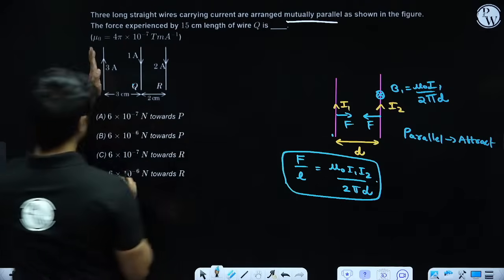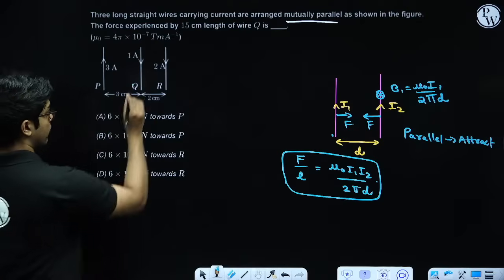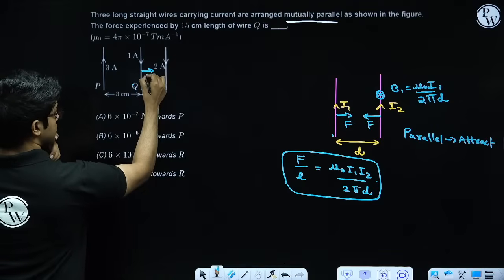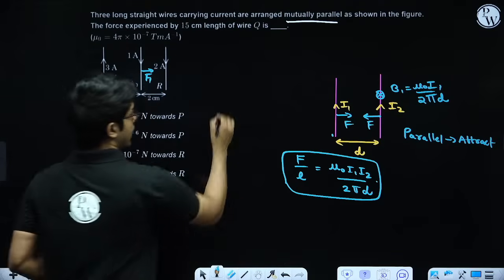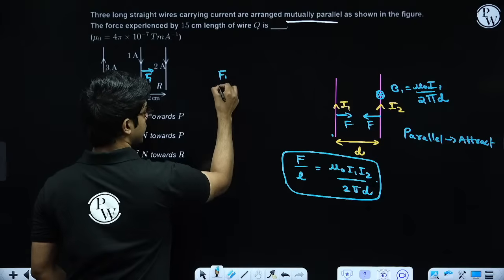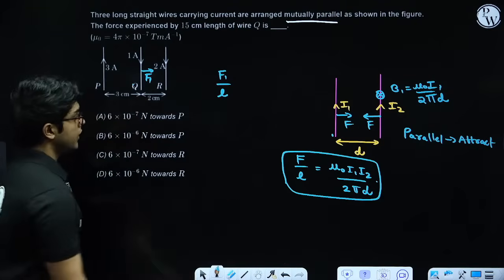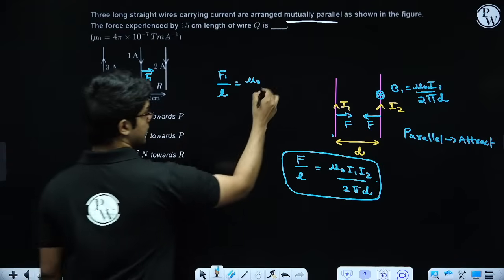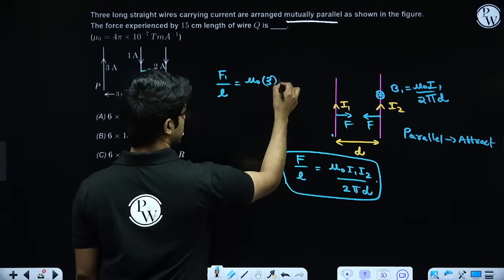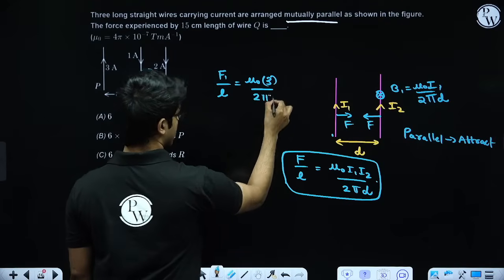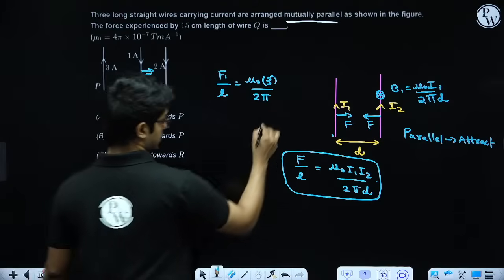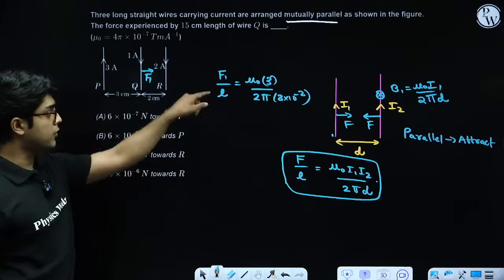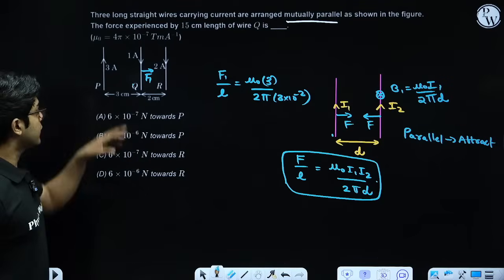So because of P, the force on Q will be towards the right because they repel each other, and we will call this force F1. F1 per unit length of Q will be mu naught I1 I2, which is 3, divided by 2 pi into D. D is 3 centimeters. This is the force per unit length of wire Q just because of wire P.